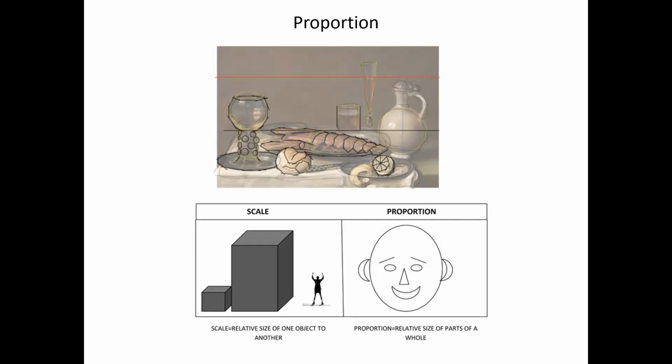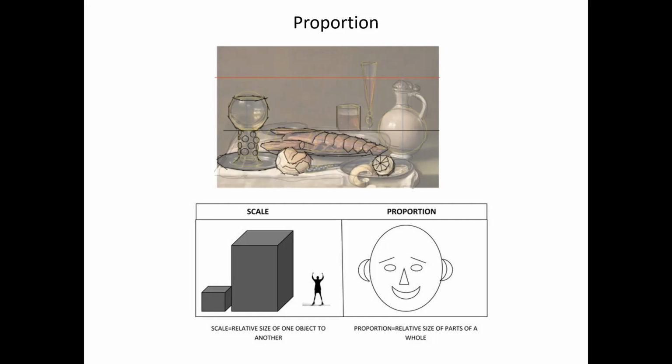Scale is the relative size of one object to another. So if we're looking at the scale of this block next to the scale of this little man, that is the scale. It is our comparison of the size of one object to another. The Eiffel Tower looks very tall next to the scale of a person.